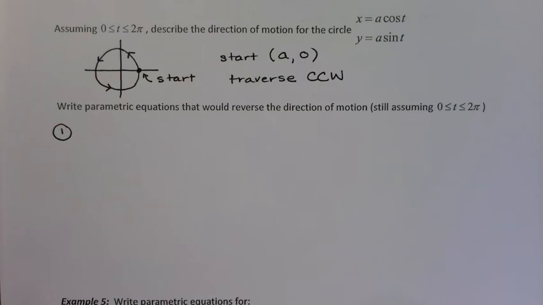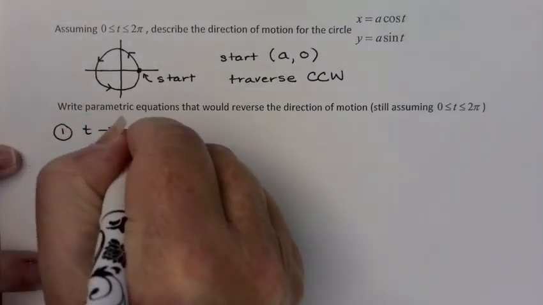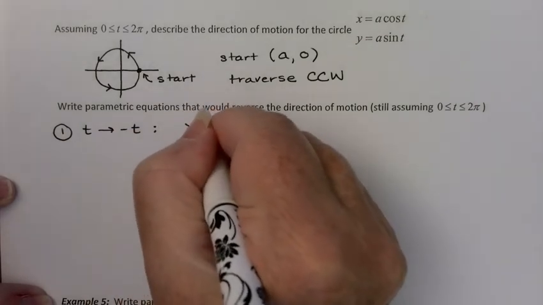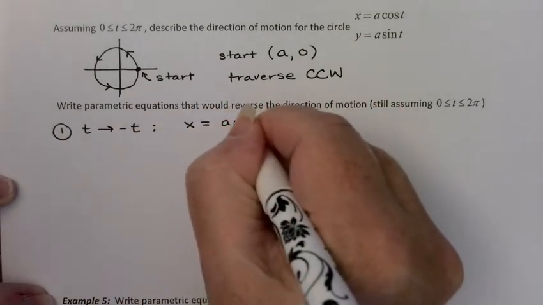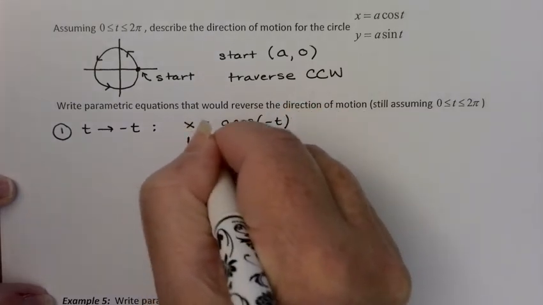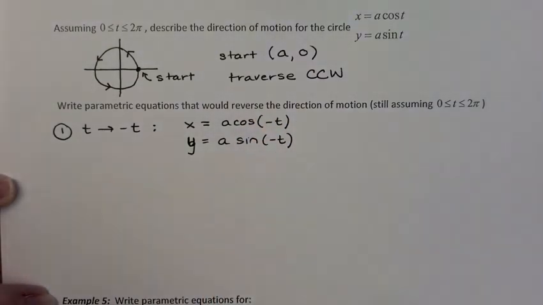Remember with the lines, basically we just thought about the slope instead of a positive number over a positive number. We thought of it as negative over negative. So ultimately, we just replaced t by negative t. That's one way to reverse the motion. And in this particular case, x would be a cosine of minus t, and y would be a sine of minus t.